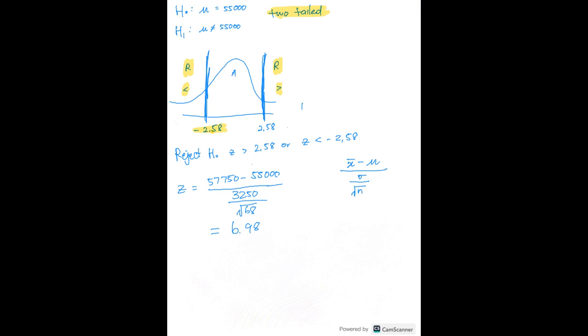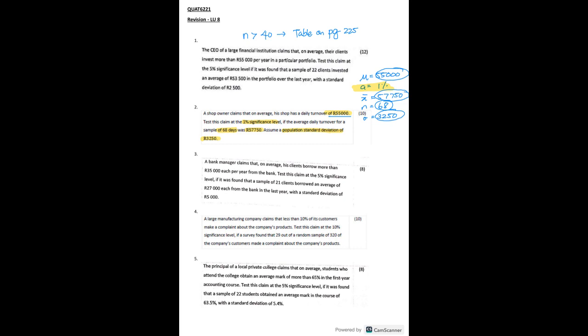You then plot it onto the diagram. It should be somewhere on the right, which is your region of rejection. So now you're going to say reject the null hypothesis, which indicates that, and remember, his claim was that their turnover is 55,000 here.